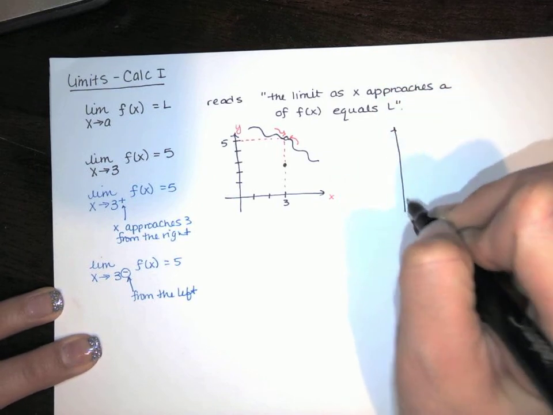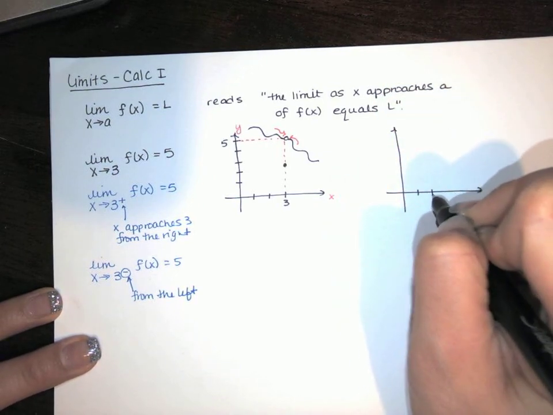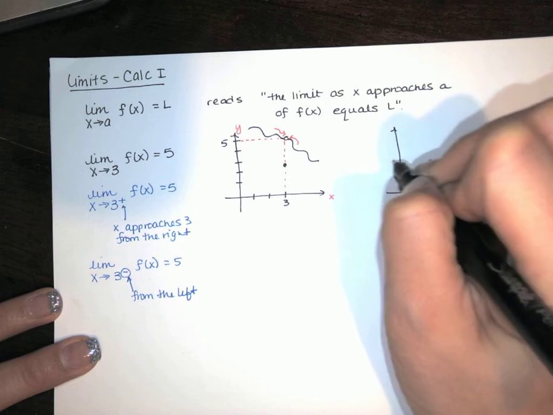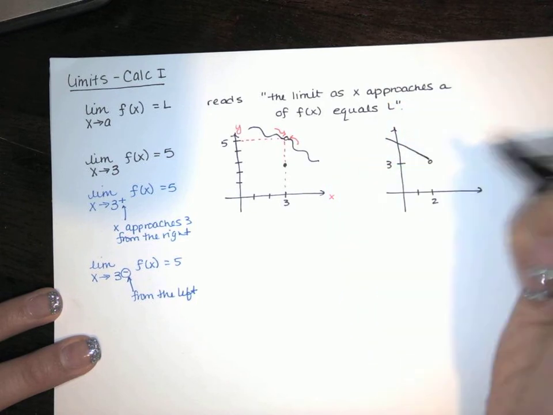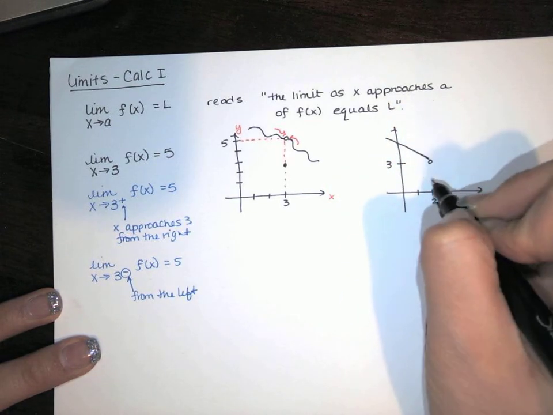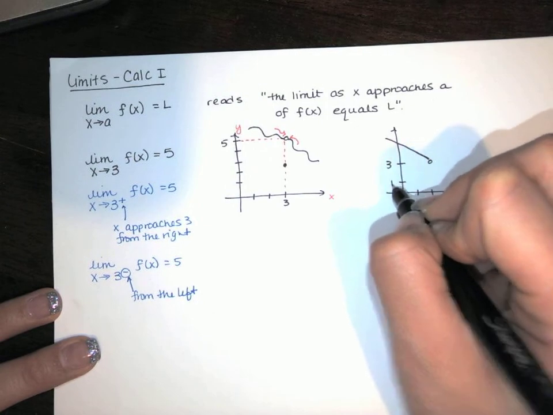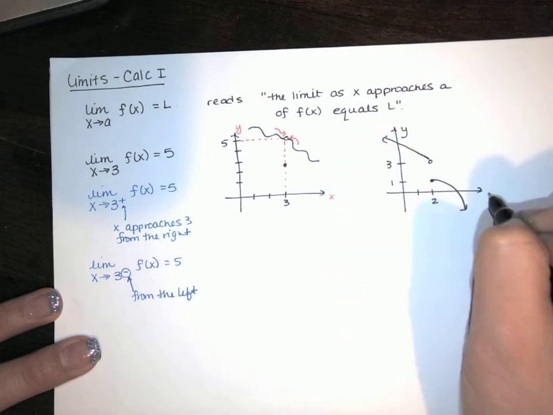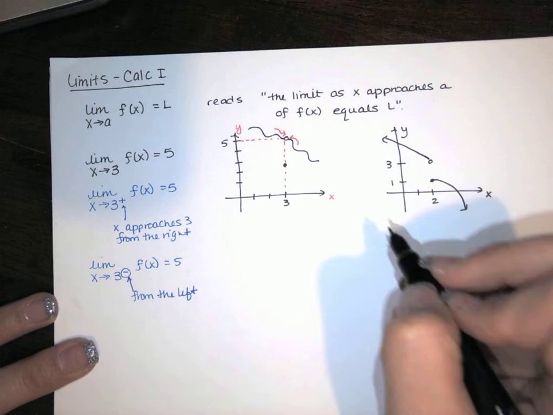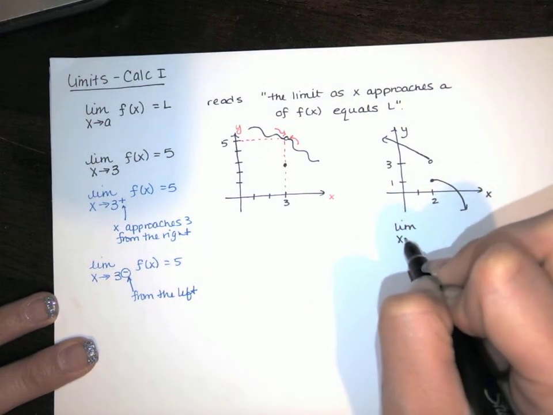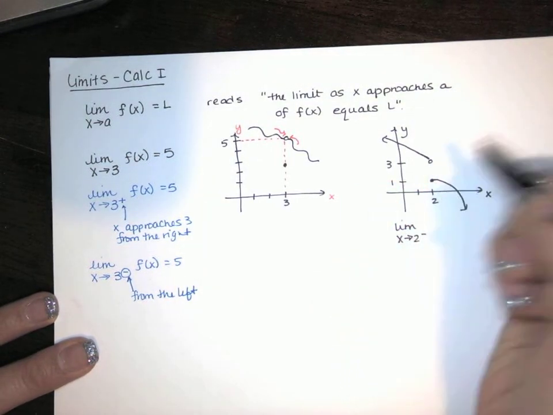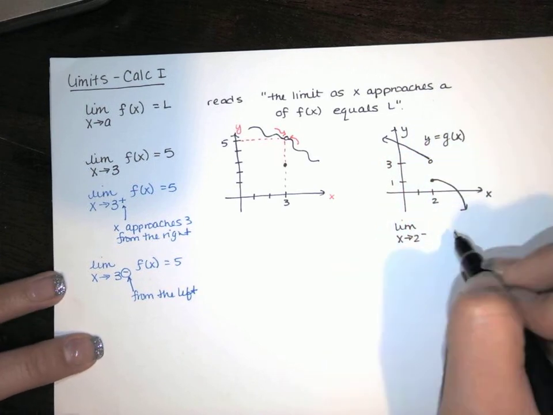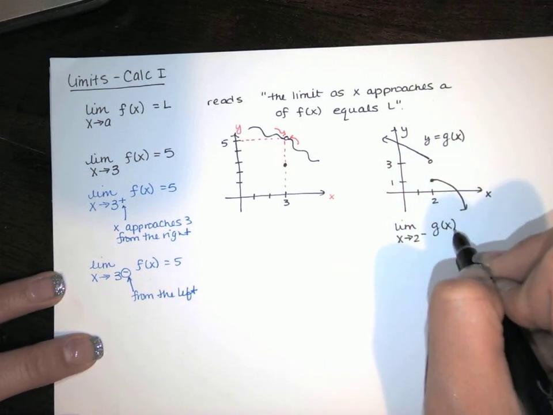So maybe you've got a function that looks like this. Here at x equals 2, to the left of 2, maybe the limit is 3, so it looks like this. But on the right of 2, maybe the limit is 1. And this isn't to scale, but maybe it looks like this. So the limit as x approaches 2 from the left of this function, I'm just going to label it g of x, we have to take the limit of something, so we're going to put a g of x to the right of that.